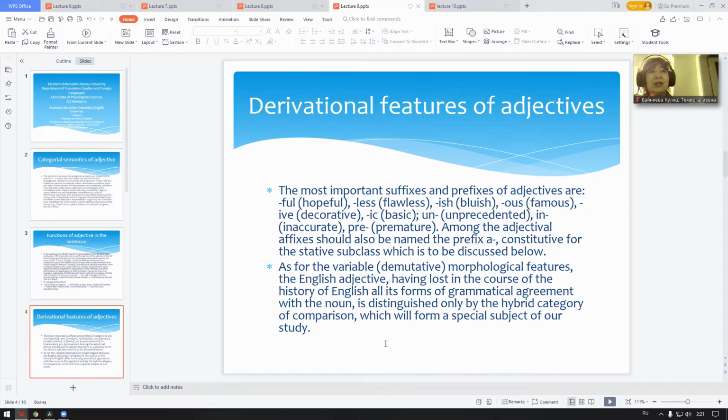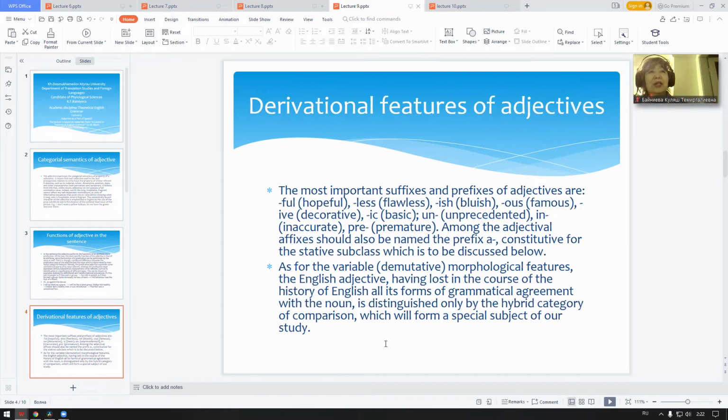Derivational features of adjectives. The most important suffixes and prefixes of adjectives are: -ful, hopeful; -less, lawless; -ish, bluish; -ous, famous; -ive, decorative; -ic, basic; un-, unprecedented; in-, inaccurate; pre-, premature.